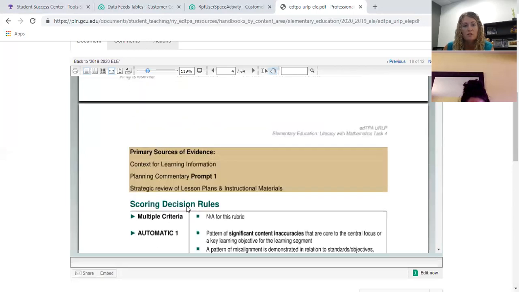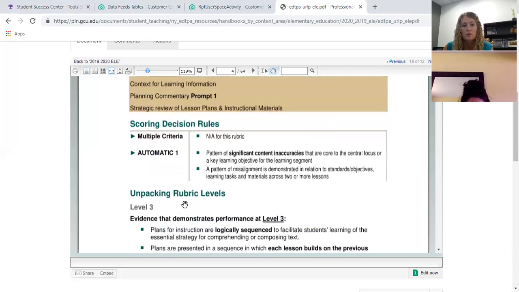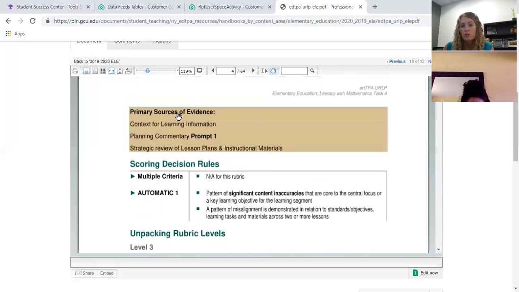But then if you go down a little bit further, it tells you what the scorers are going to look at when they're scoring you on rubric 1. They're going to look at your context for learning information template. They're going to look at your literacy planning commentary template, and specifically your response to prompt 1. And they're going to look at your strategic review of the lesson plans and instructional materials.